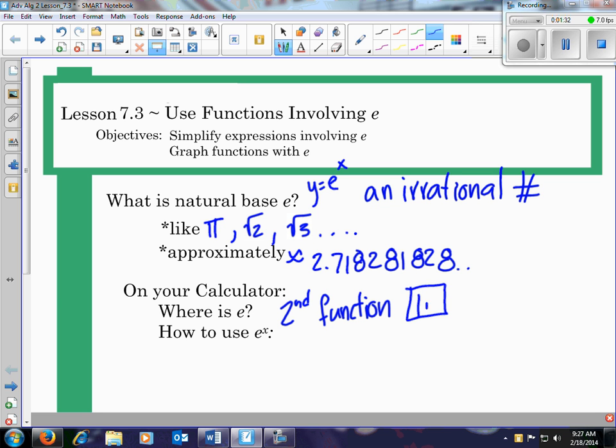So it's going to be ln, and it's going to have a little e to the x on top of it. When we're using this key, you type in some sort of value, and your calculator will pop up with an e and then a little symbol, and you write in something like squared, and it will punch out some sort of decimal for you in the calculator.